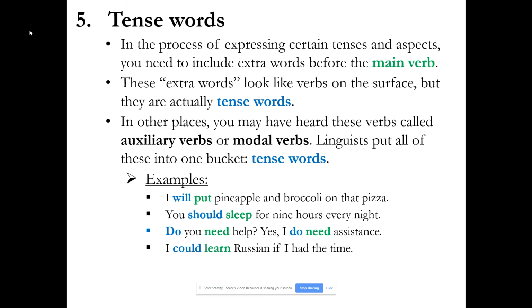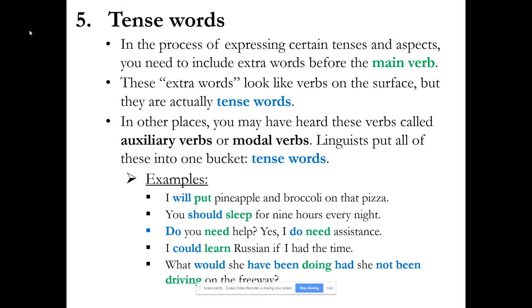I could learn Russian. Could is the conditional form of the verb can or be able to, right? So I could learn Russian if I had the time. Could, tense word, learn, main verb, right?